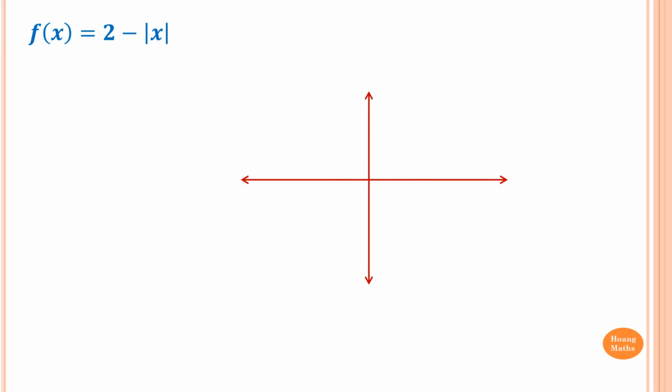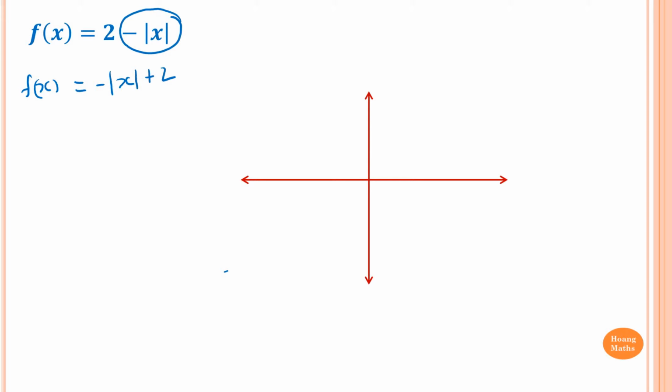Please stop the video and try this one yourself. First of all, we just need to sketch the negative absolute value of x first, because f(x) is exactly the same as the absolute value of negative x, like this, and add 2.